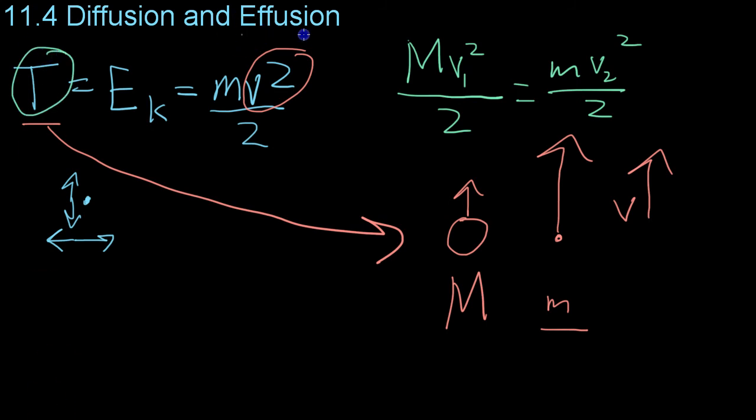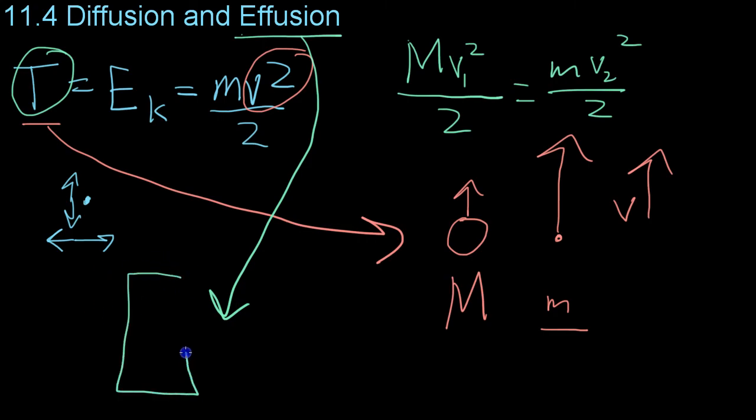Now before we go any further, we have to talk about effusion. And effusion is essentially a measure of how quickly a gas leaks out of a tiny hole. So let's say you have a bunch of molecules. If these molecules are going fast, they're going to leak out quickly because they're going to have more collisions per second with the side.